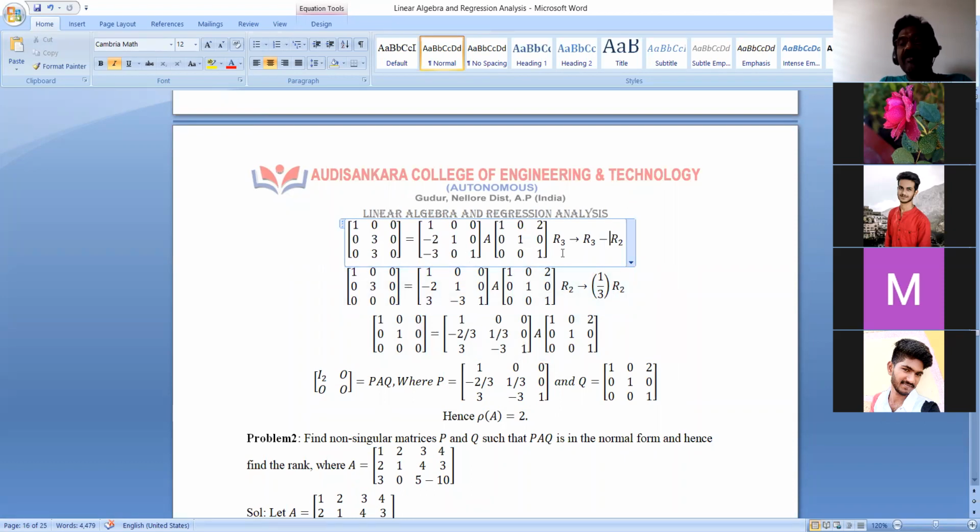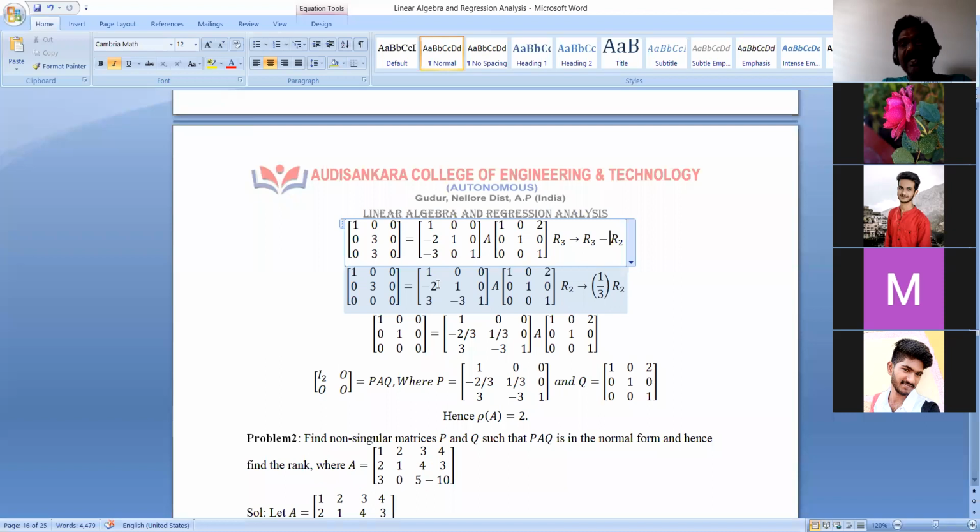Next, R3 minus R2. R3 minus R2 means 0, 3, 0, 0, 3 minus 3, 0, 0 equal to 1, 0, 0. In the post multiplier, pre-multiplier, the first row is the same, 1, 0, 0.